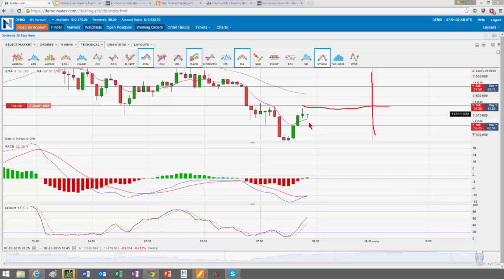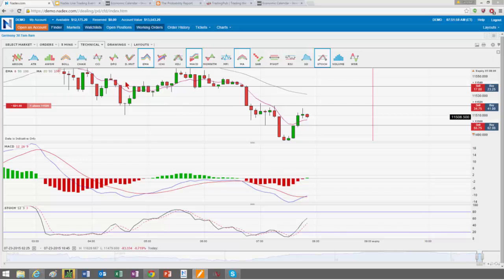If this marketplace settles above this line, I lose. If it stays below, I win on this binary. And so there we are right now.